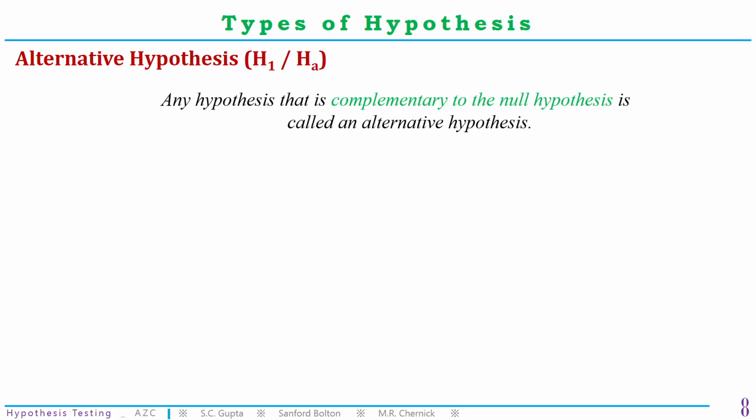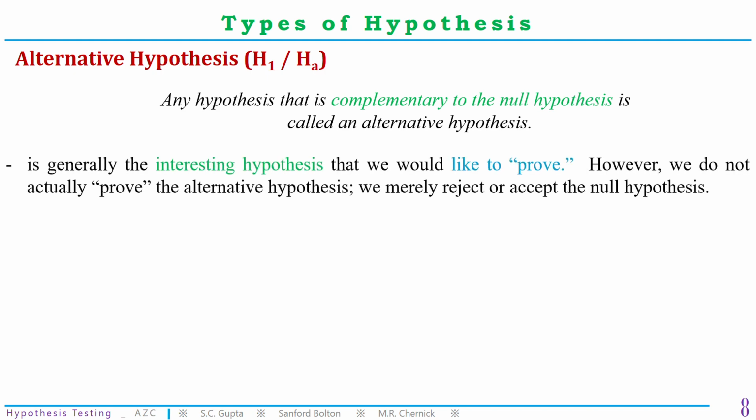Alternative hypothesis. Symbol is H1 or Ha. Any hypothesis that is complementary to the null hypothesis is called an alternative hypothesis. Alternative hypothesis is generally the interesting hypothesis that we would like to prove.